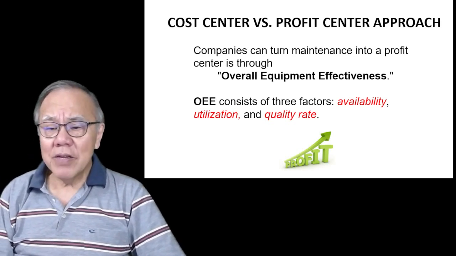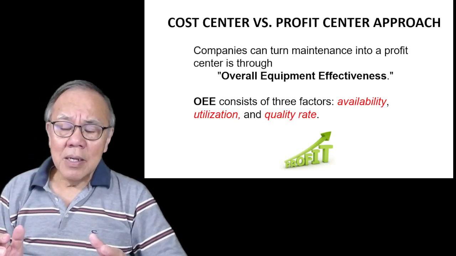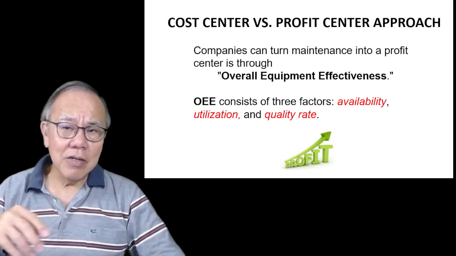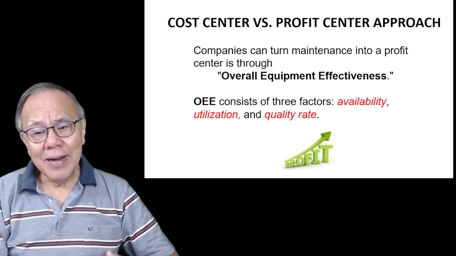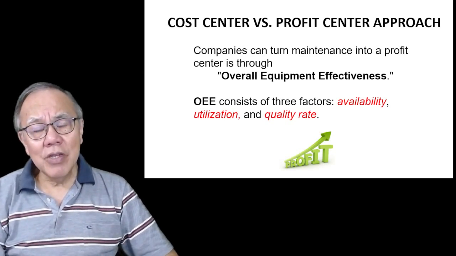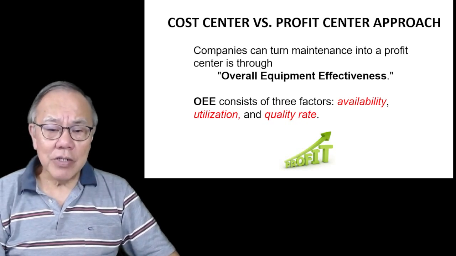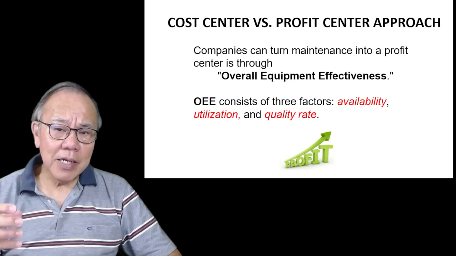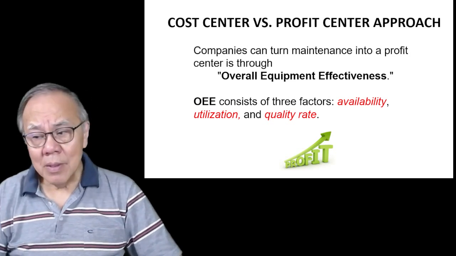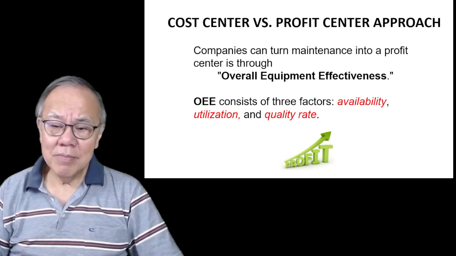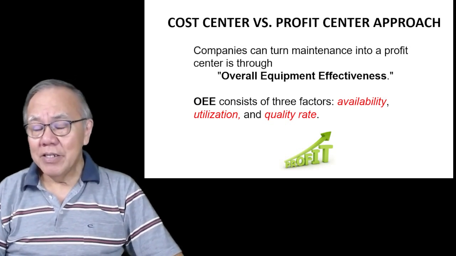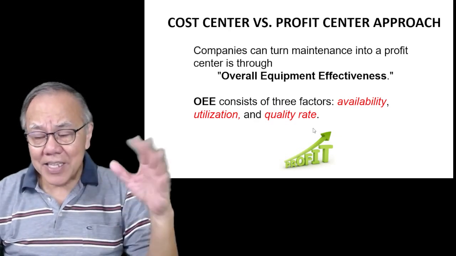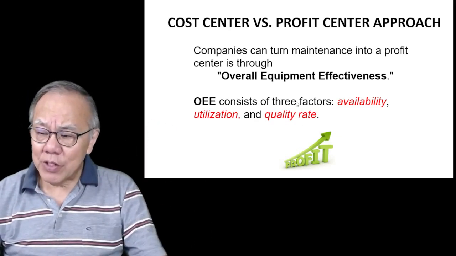Basically, overall equipment effectiveness consists of three factors: the availability, which is your uptime of equipment; utilization, how you are utilizing them effectively or not; and are they producing the type of product that you actually want, because sometimes we can produce reject items, then it's a waste of time, it's a waste of material. So this is an indicator. In some other courses I will deal with it, but not now.